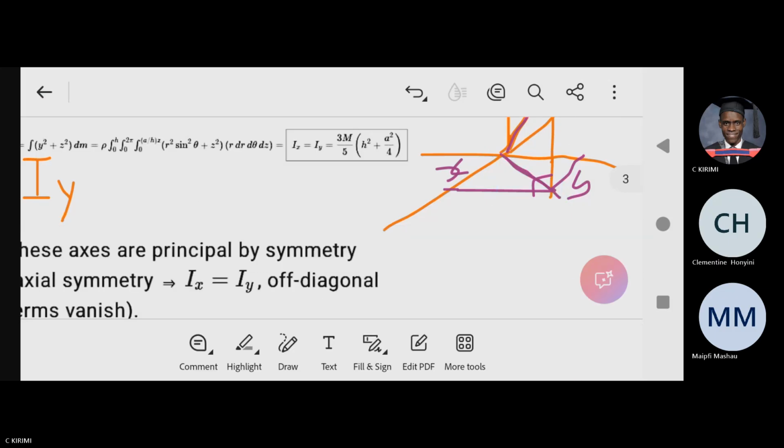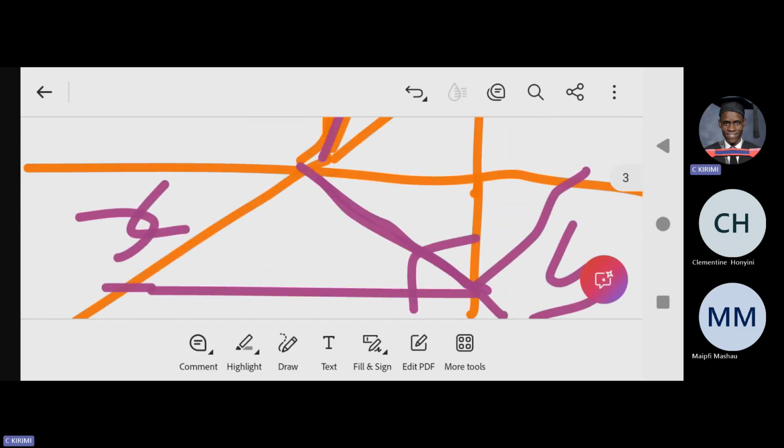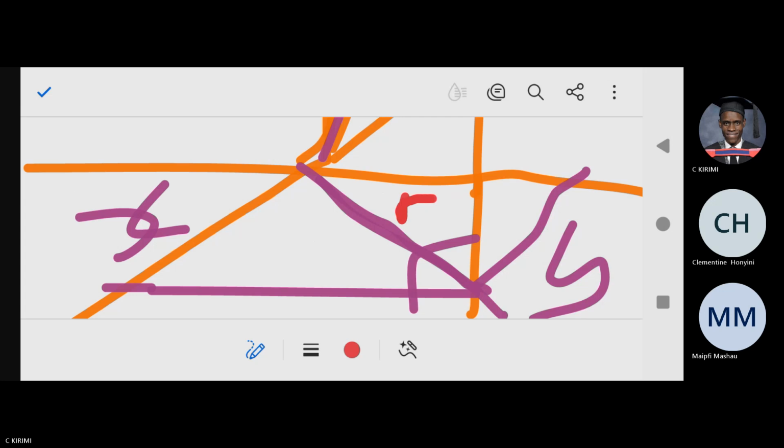If this is my theta, the angle I'm moving, remember we said you are rotating the whole angle. That's why our theta was starting from 0 to 360.